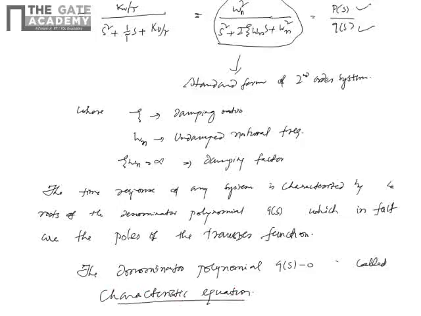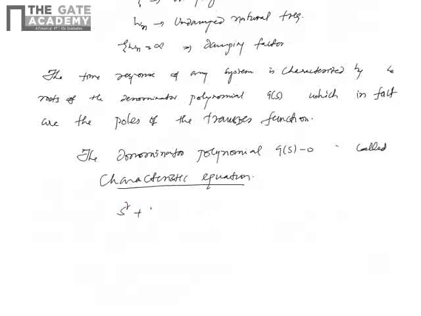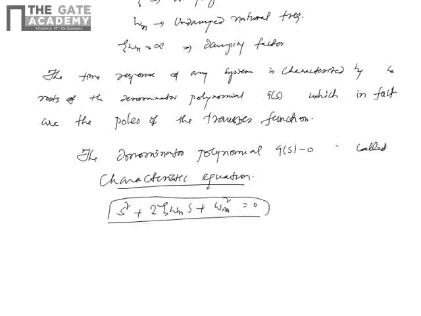Yes, so that is s square plus 2 zeta omega n s plus omega n square equal to 0. Okay. So what are the roots of this equation, and based on the zeta value, like a damping ratio, how the different kinds of systems we get, that we'll see now.